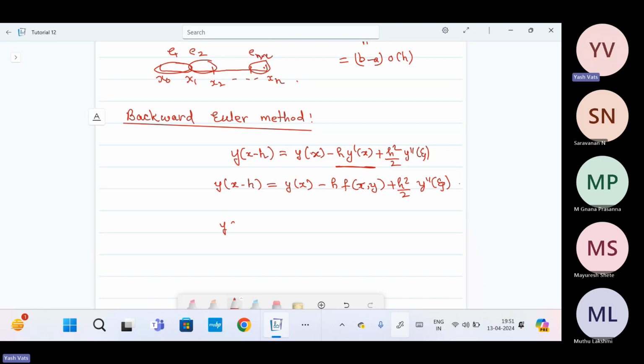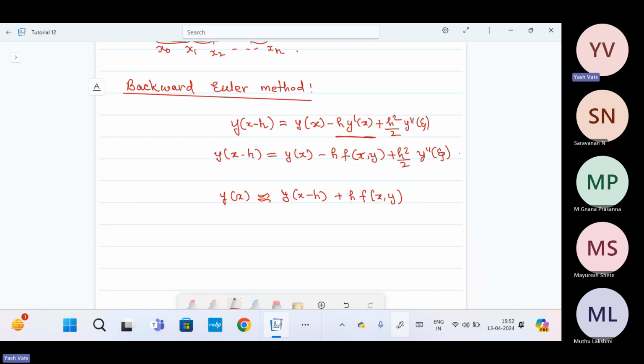Now y(x) can be written as y(x minus h) plus h f(x, y). It's kind of an approximation because I omitted the error term.